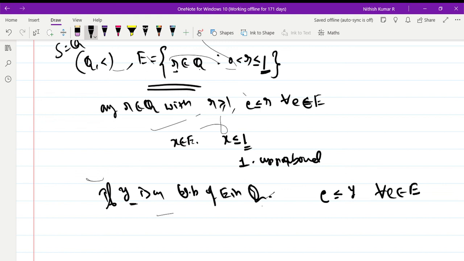Therefore, in particular, 1 is less than or equal to y. We have that 1 is an upper bound, and y is any upper bound, and 1 is less than or equal to y. That means for any arbitrary upper bound of E in Q, 1 is always less than or equal to that upper bound. Therefore 1 is the least upper bound.